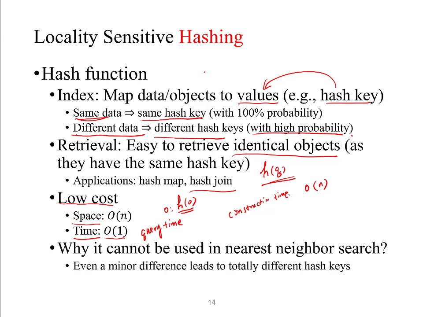Now, the hashing algorithm looks very good. It is easy, and the cost is quite low. So why can we not use it in nearest neighbor search, or what prevents us from using the hashing idea in nearest neighbor search? The problem here is that even a minor difference leads to totally different hash keys.